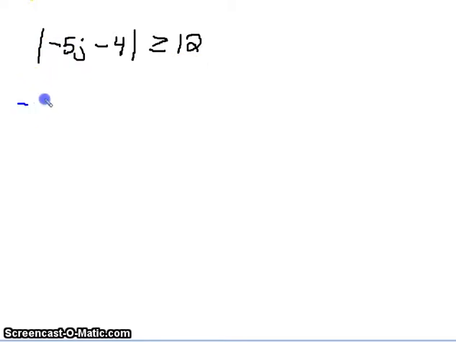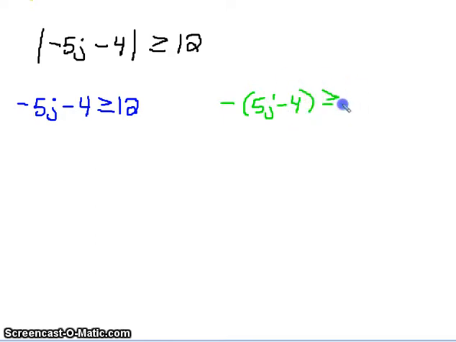One equation is going to be negative 5j minus 4 is greater than or equal to 12. Exactly like what you see, only without the absolute value. And then it's the opposite of negative 5j minus 4 is greater than or equal to 12. That's our second equation. Oh, I forgot my negative, right.